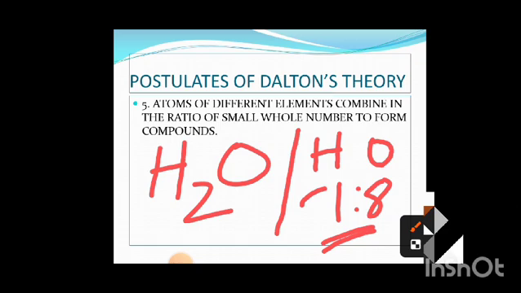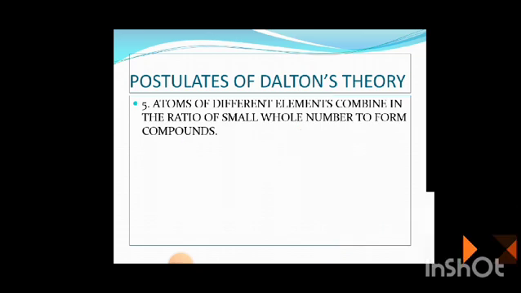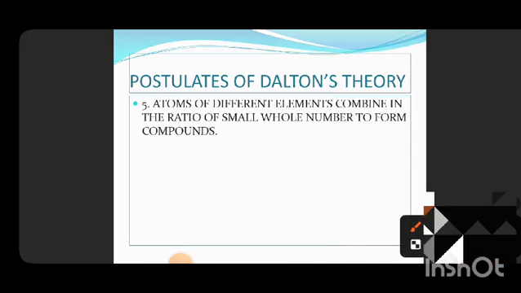Now what Dalton's theory explained here is that atoms of different elements always combine in a fixed ratio to give rise to compounds, and this number is always a small whole number. We never expect atoms to combine in terms of a larger number like 50 or 60 atoms. We've never seen that.